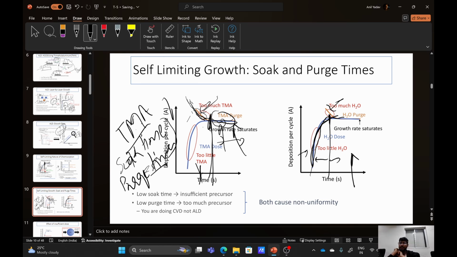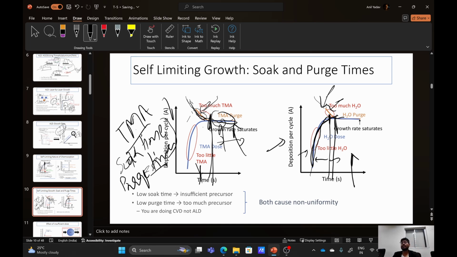If your purge time is less than this, there is already H2O inside the chamber. So when you give the dose of TMA, it will react in the environment with the H2O and rain down particles over the substrate, so a CVD-like growth will happen.